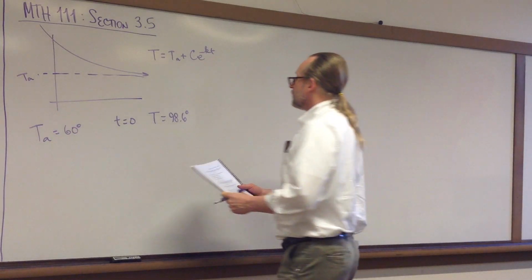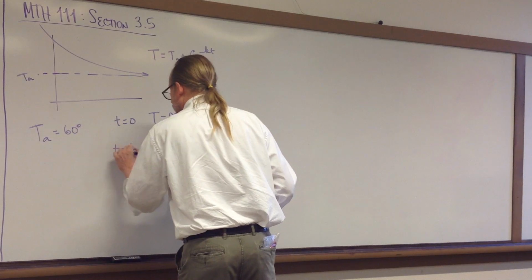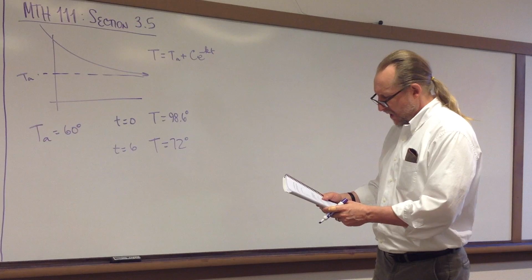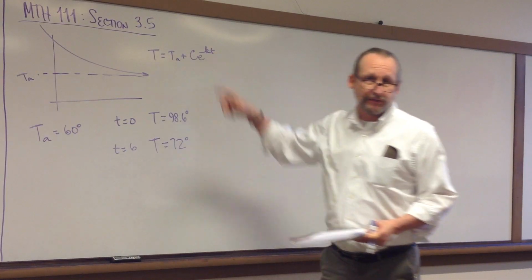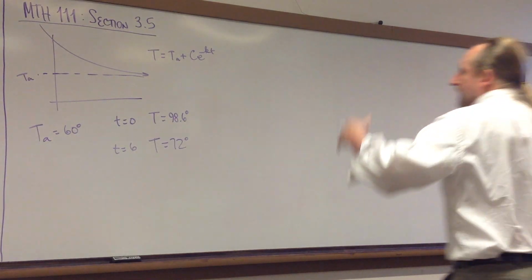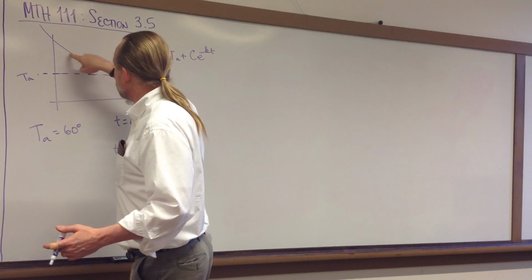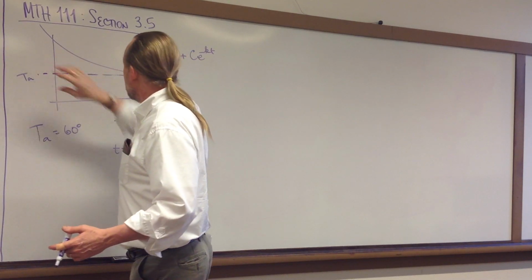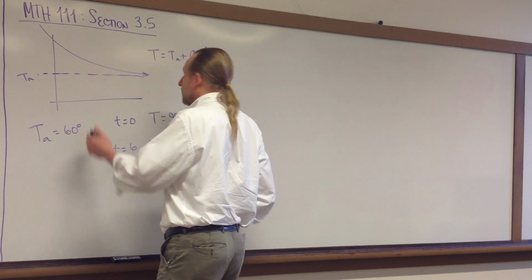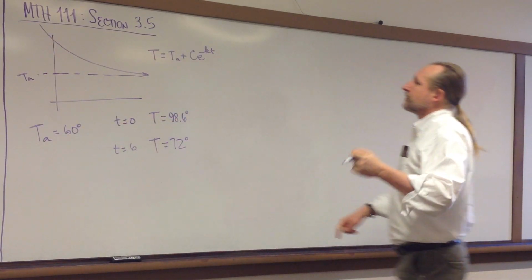And the body has cooled down to 72 degrees after 6 hours. So all this problem is asking us is, what's the value of k? Once we find that value of k, we can use that to answer other questions about the temperature of the body at a particular point in time, or frequently what they're wondering is, how long ago was the body at 98.6 degrees?